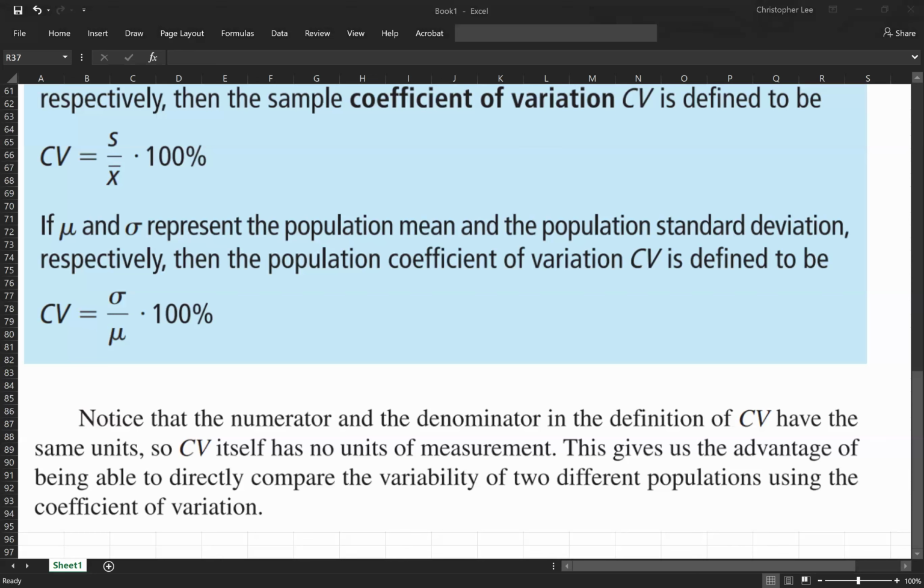Let's look at an example. This is after you find the coefficient of variation. It's a very particular question when you have different populations and you want to compare them, you know, apples to oranges. This is something that you can use to compare.